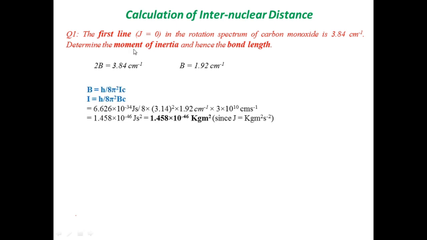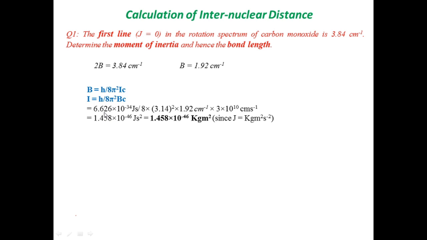Next, we have to calculate the moment of inertia. So we have to know the relation between moment of inertia and rotational constant. That is, B is equal to h by 8 pi square Ic. And we can write in terms of I: I is equal to h by 8 pi square Bc.